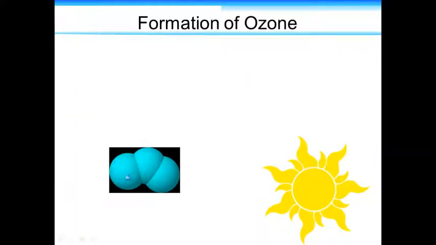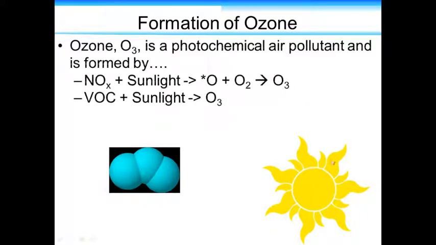So ozone, here these three spheres represent the ozone molecule. This reaction, the formation of ozone at the surface of the Earth, again in the troposphere, not where we want it in the stratosphere, is catalyzed by sunlight.